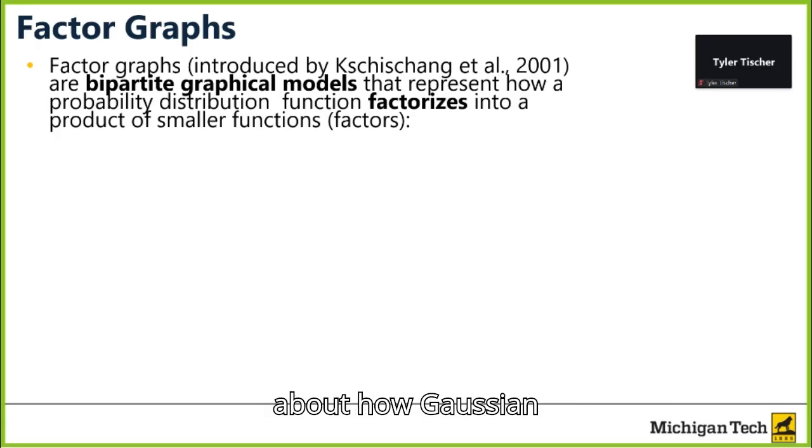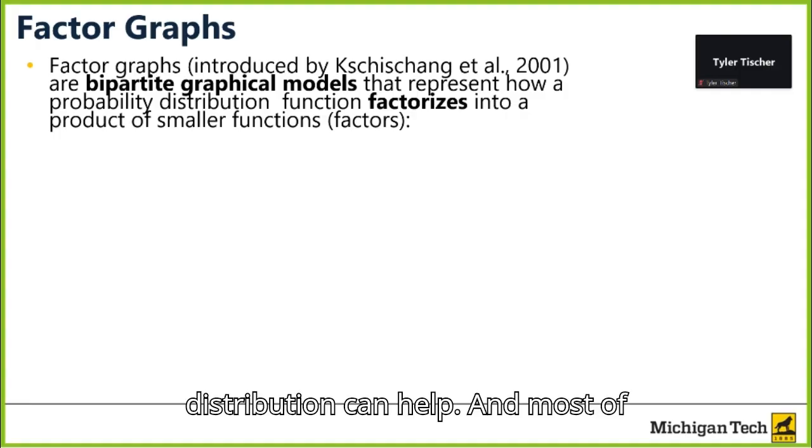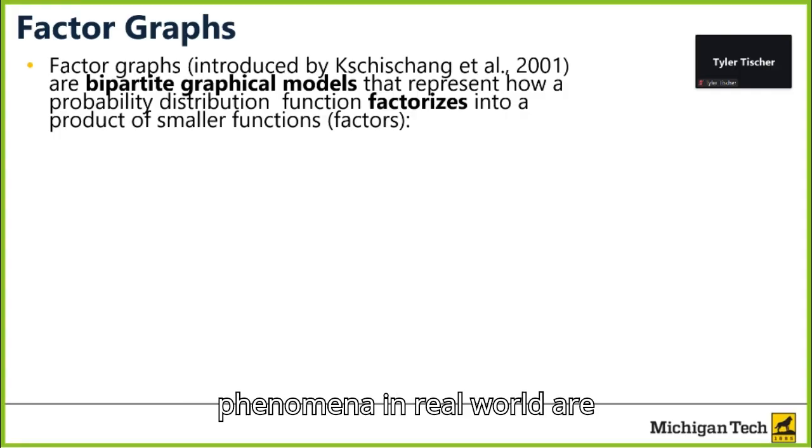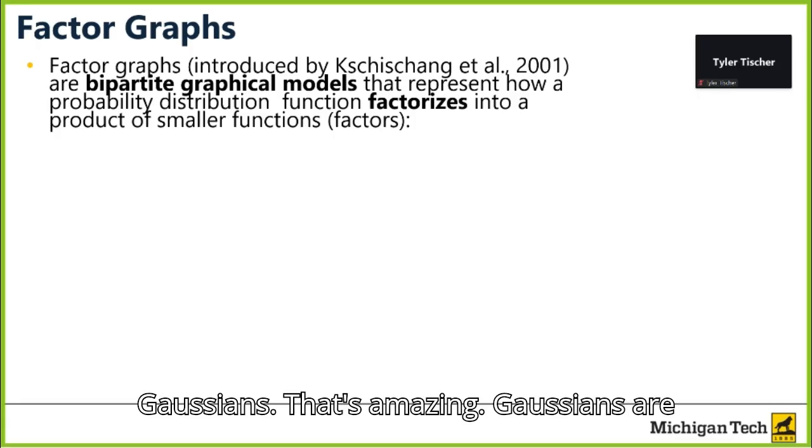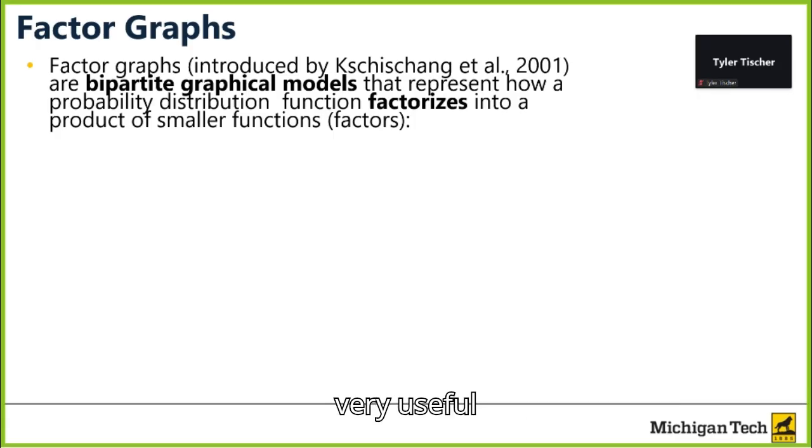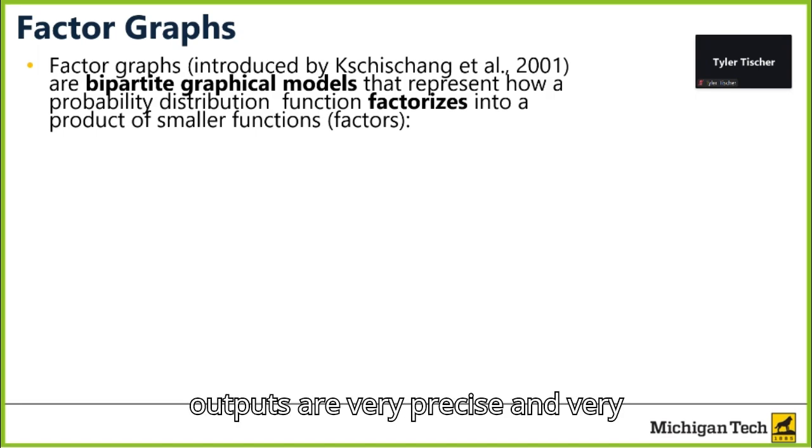We also talked about how the Gaussian distribution can help, and most phenomena in the real world are Gaussian. That's amazing. Gaussians are very useful because the outputs are very precise and very nice.